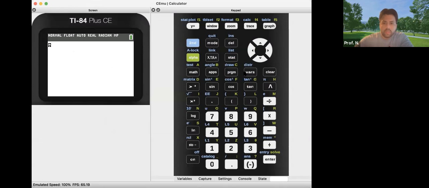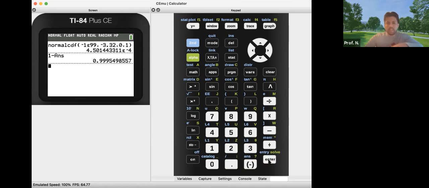So we're going to go to second vars. We're going to use the normal CDF. This will be negative infinity to negative 3.32. And then our mean will be 0 and our standard deviation will be 1 because we just standardized it. We get a really small number. So this becomes 1 minus the answer, and we get 0.99.